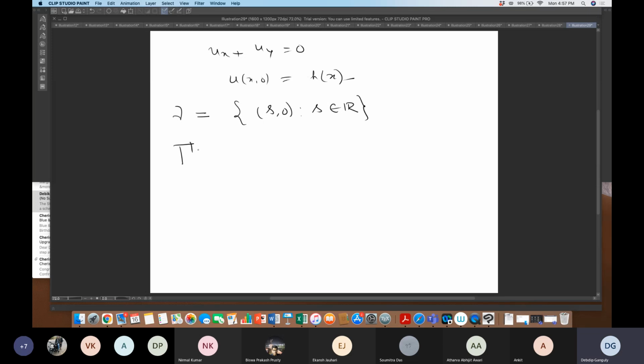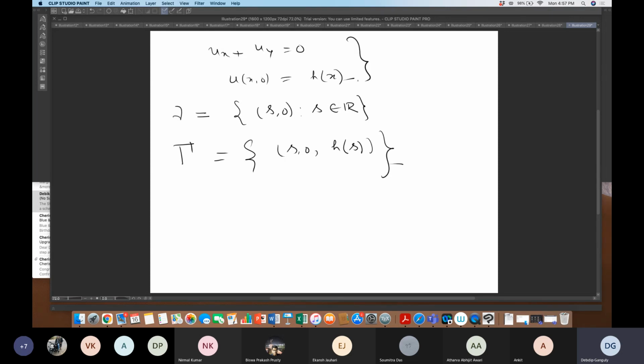And what is capital Gamma? (s,0,h(s)). Understand? This is for such a problem.